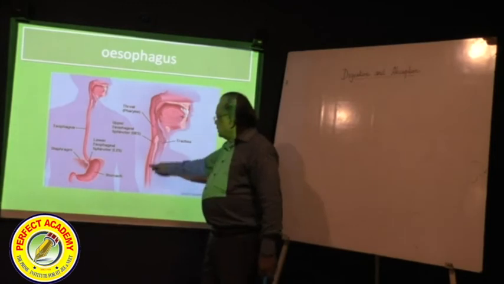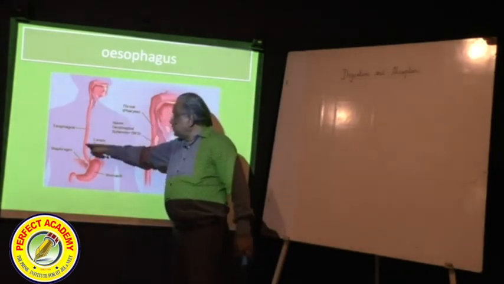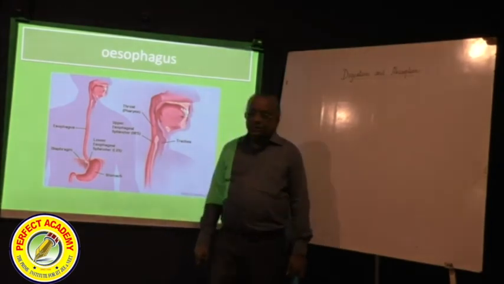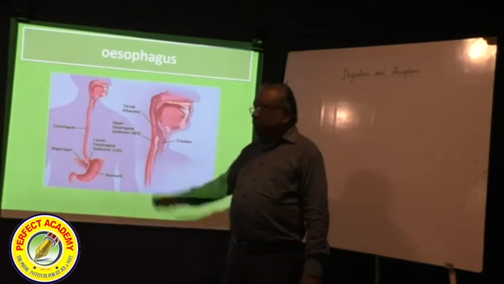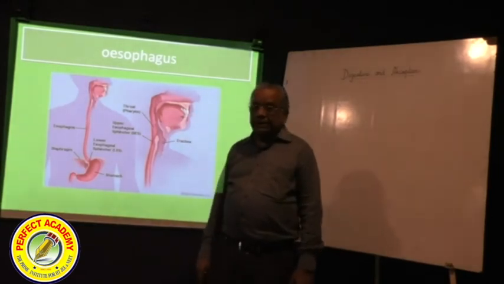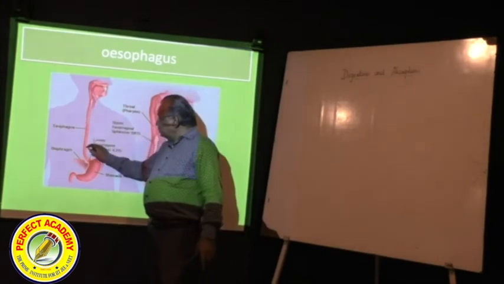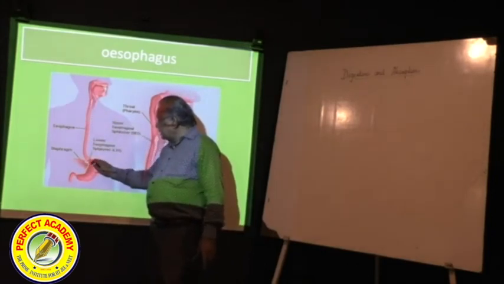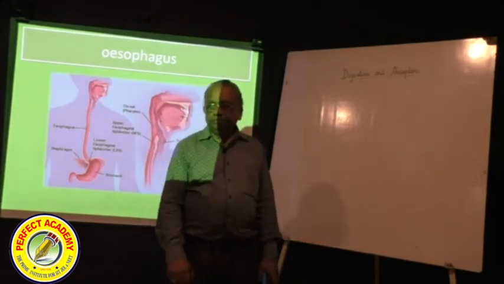It's a tube through which the food passes down, a food-conducting tube. A peristaltic, wave-like action allows the food to get down through this tube, and finally it reaches the J-shaped structure called the stomach.